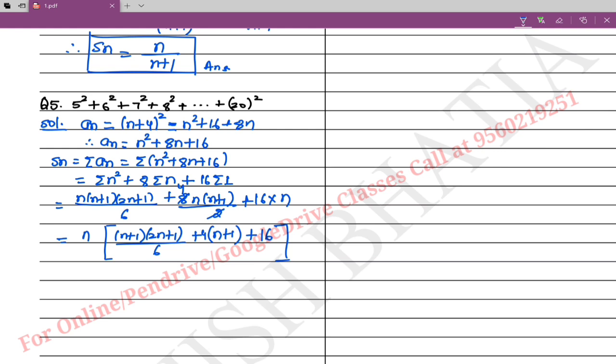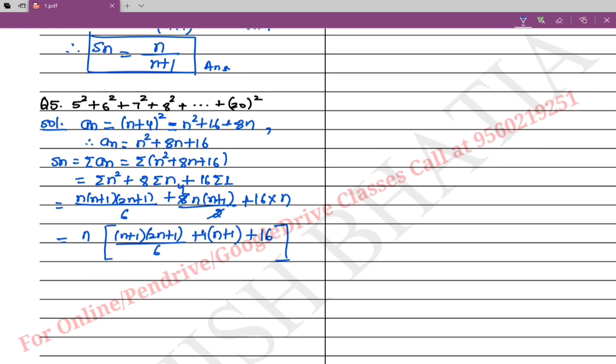The particular terms, if I go carefully: the first term is 5 square, second term is 6 square, 7 square, then 8 square. Now if you closely observe, the squares of the first 20 natural numbers would be 1 square plus 2 square plus 3 square plus 4 square up to 20 square.